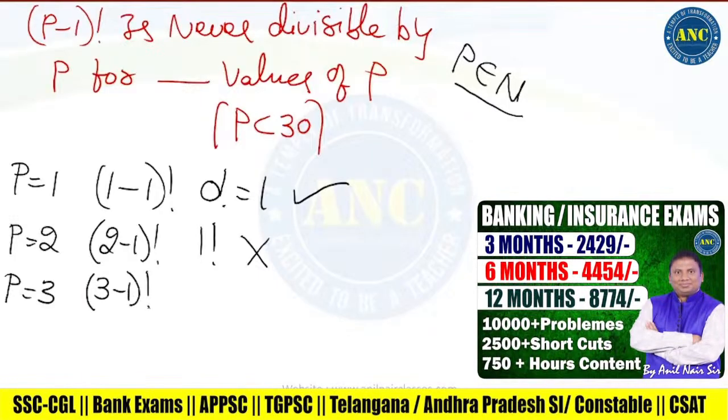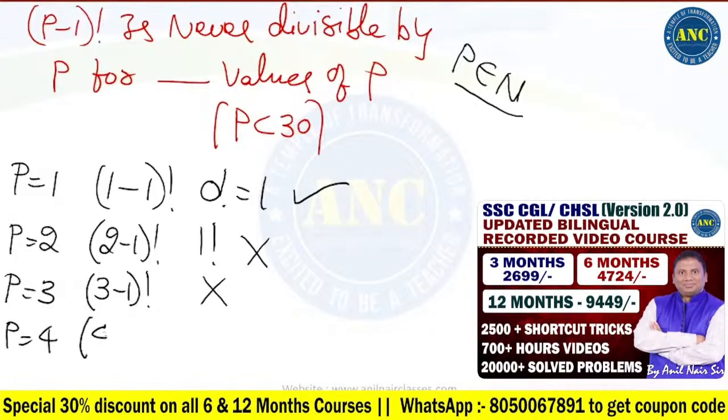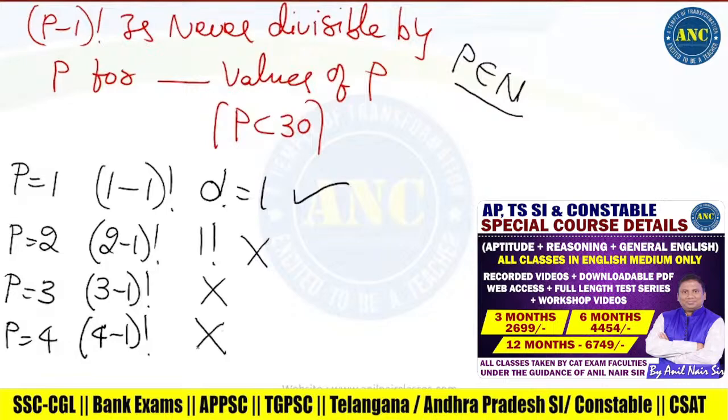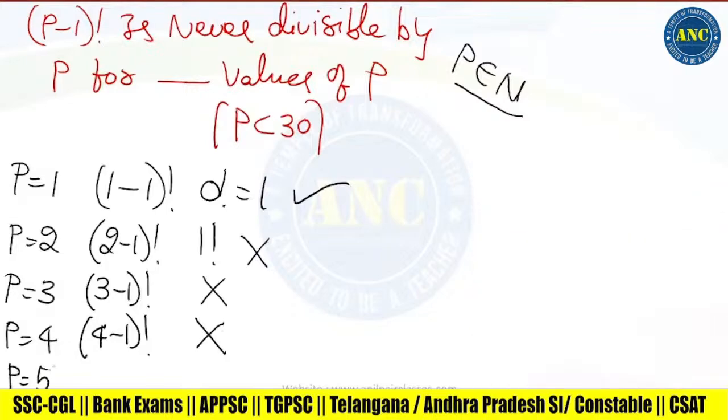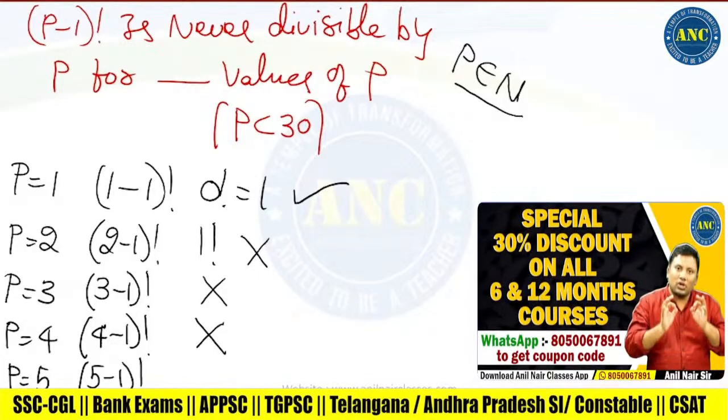Is 2 factorial divisible by 3? No. This case is possible. P equivalent to 4, 4 minus 1 factorial, 3 factorial. Is 3 factorial, 6, divisible by 4? No. If P is 5, 5 minus 1 factorial, 4 factorial is 24. Divisible by 5?